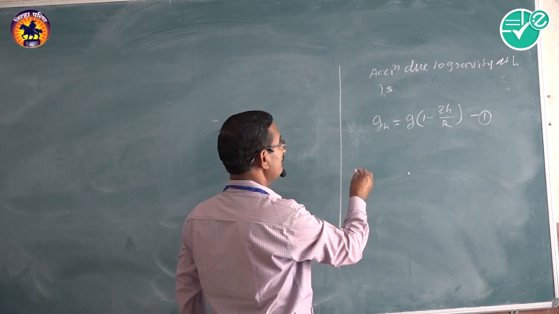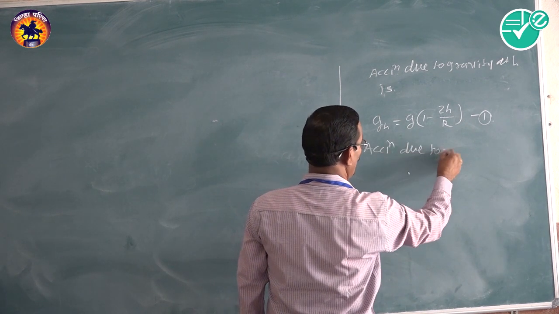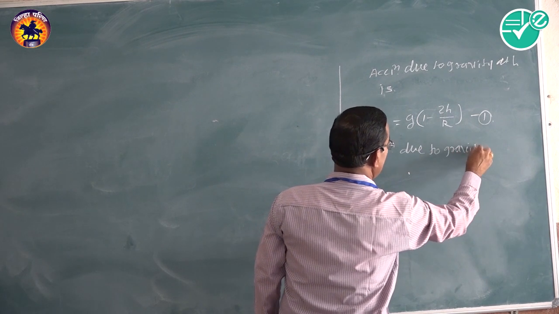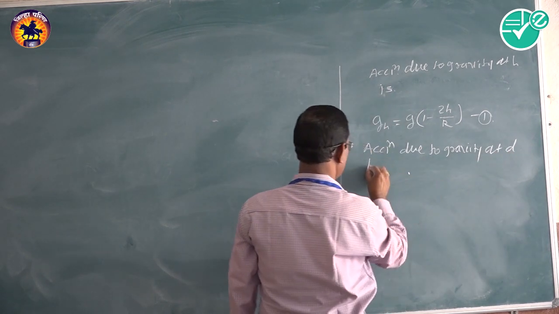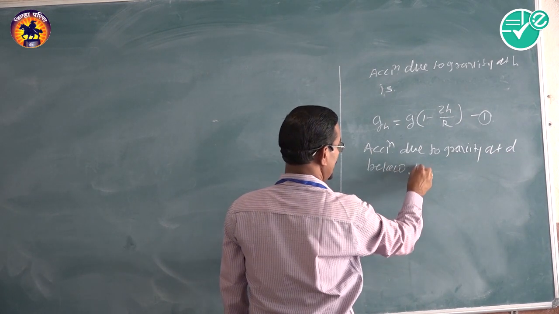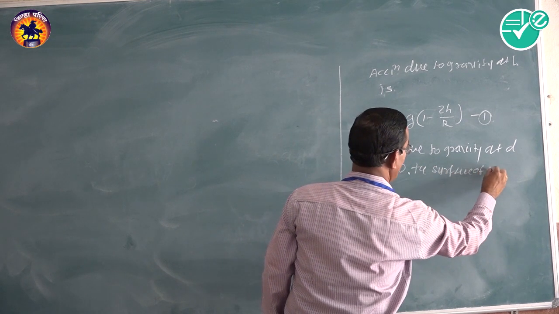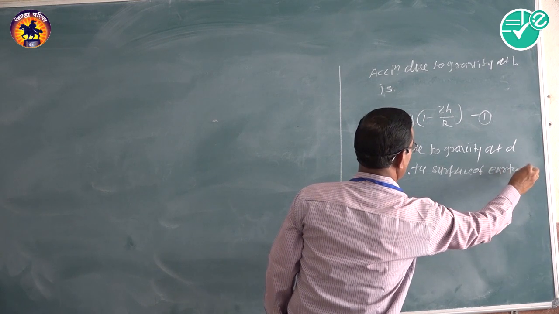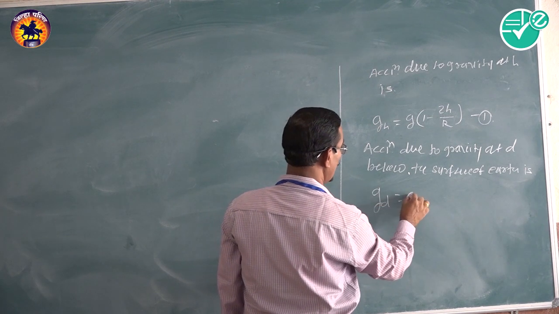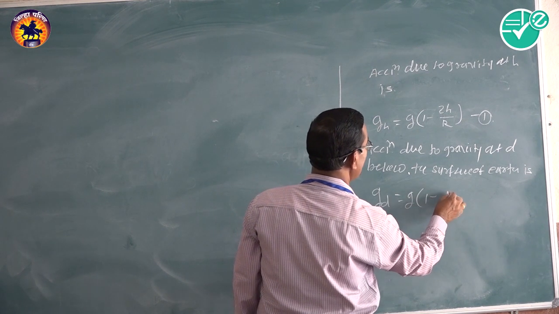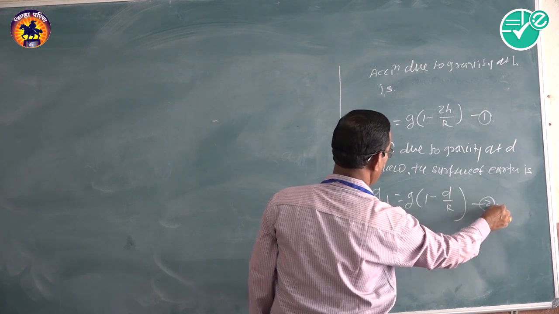But the acceleration due to gravity below the surface of Earth is g_d equal to g in bracket 1 minus d by R, that is equation 2.